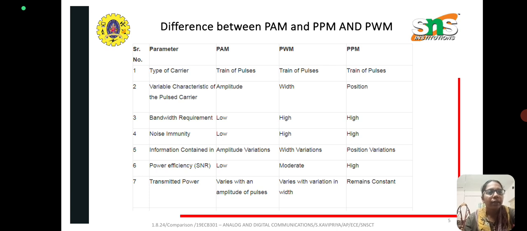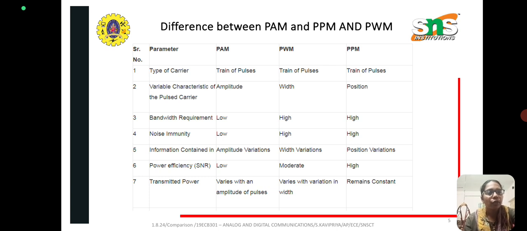The second is the variable characteristic of the pulses: for PAM it is the amplitude, for PWM it is the width, and for PPM it is the position of the pulses. So the amplitude of pulses is varied in PAM, the width of the pulses is varied in PWM, and the position of the pulses is varied in PPM.